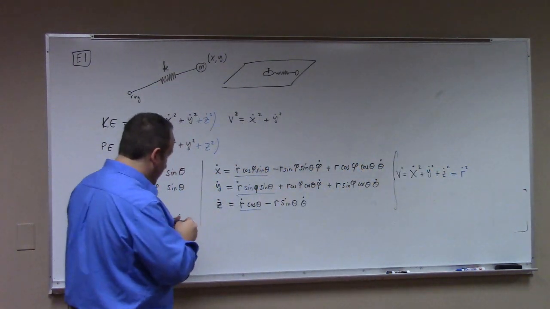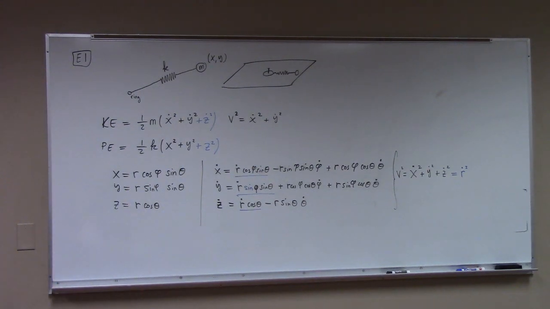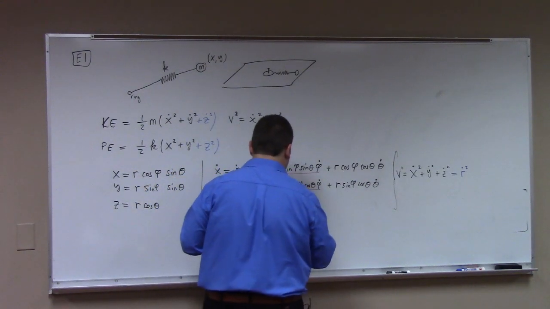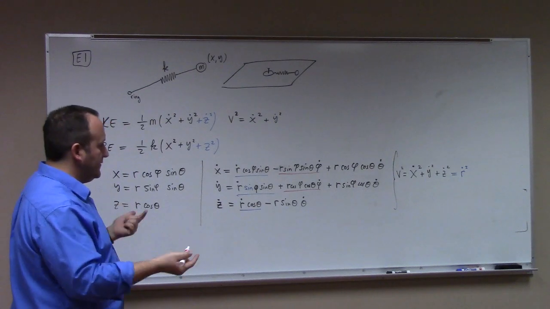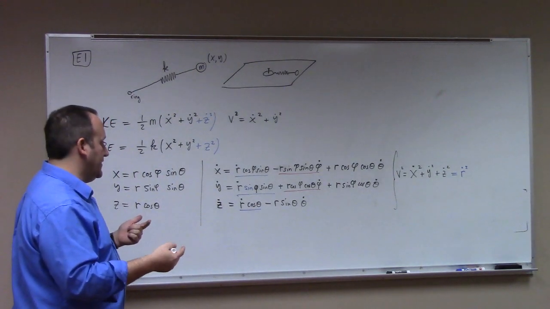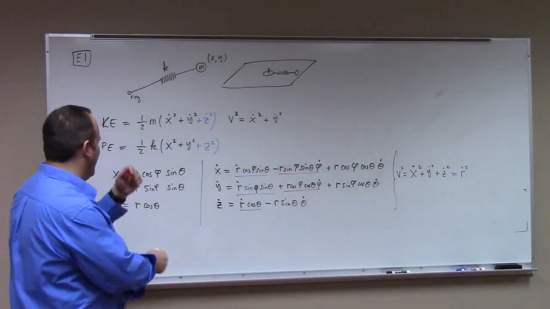When you look at the phi dot squared terms, what do those yield? If we square them, we get r squared sine squared phi sine squared theta phi dot squared. Then we get r squared... I think I've got another error there somewhere.